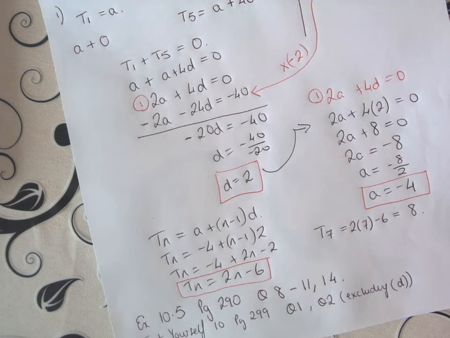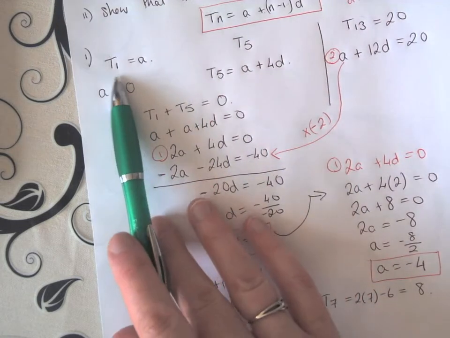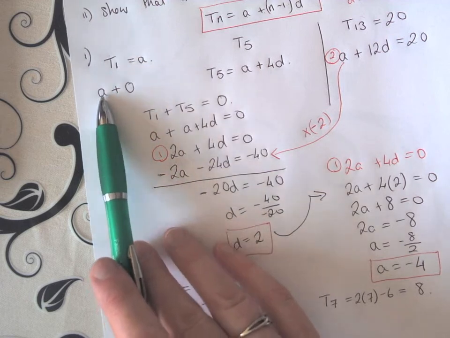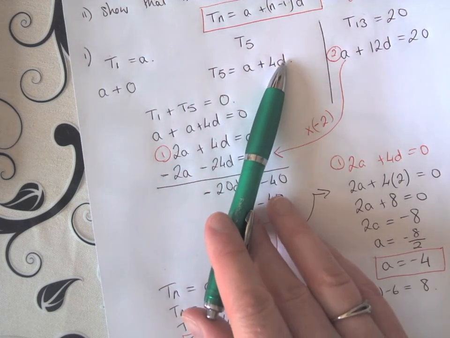I just have the wrong sign there now, so I'm just wondering did I do something wrong somewhere. Because the question is, show that the seventh term is twice the first term. Let's just have a look through again. T1 is a plus 0d. T5 is a plus 4d.